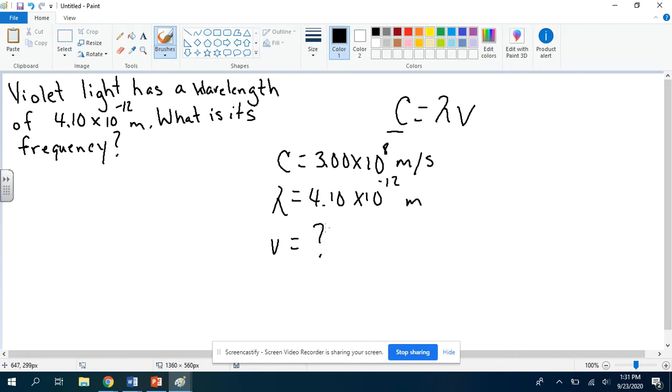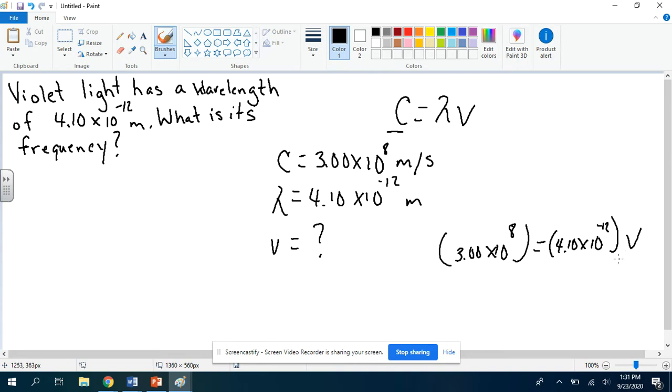All right, so let's just plug these in. All I'm going to do is take my givens and plug them into this equation. So here's C equals, and then for wavelength, I'm going to plug in my wavelength, 4.10 times 10 to the negative 12. And then I don't know what V is, so I'm just going to rewrite V. Just do a little algebra here.